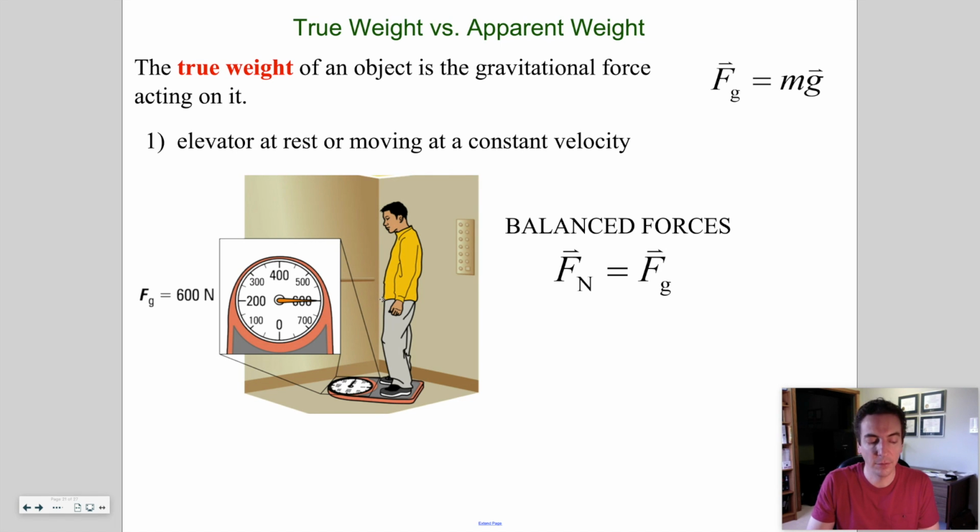If the elevator is either at rest or moving at a constant velocity, the forces acting on that student, on the scale and on the elevator must be balanced. So the normal force pushing up on the student from the scale is going to be equal and opposite to the gravitational force, that true weight. So this scale is going to read 600 newtons.